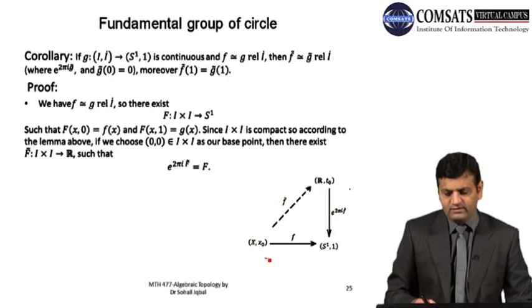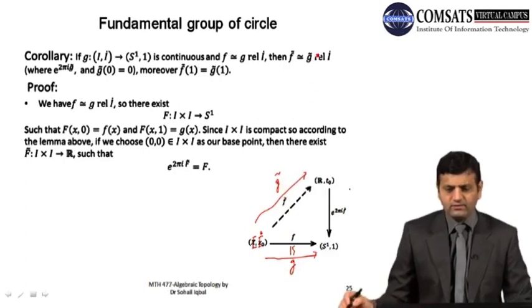It says that if we have another function g from X, which in this case is I, to S1, and they are homotopic to each other, relative homotopic of course, and corresponding to f there exists f tilde, and corresponding to g there exists g tilde, then the result says that if f and g are homotopic, then f tilde and g tilde are going to be homotopic as well.